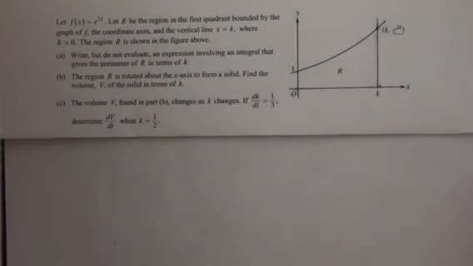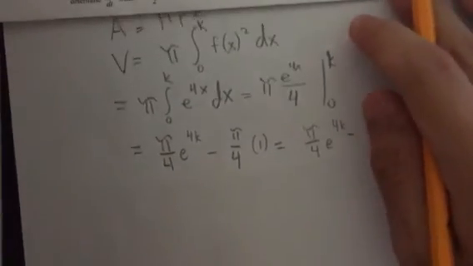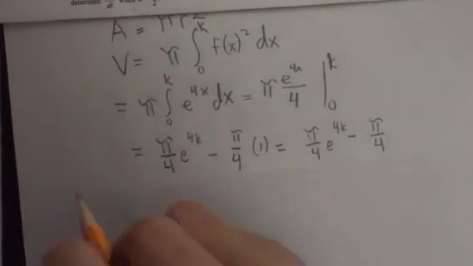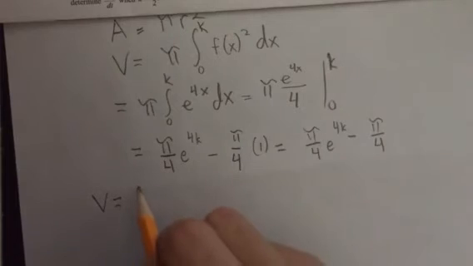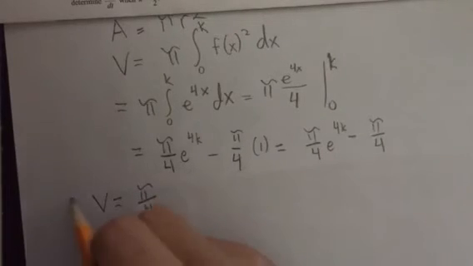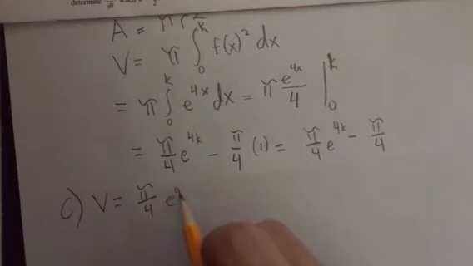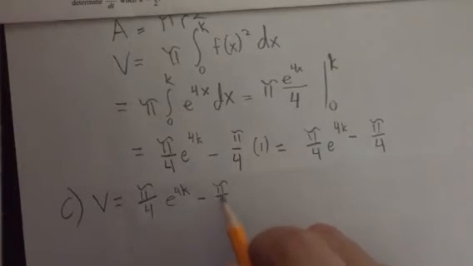Finally, part C asks: the volume found in part B changes as k changes. So if dk over dt is 1 over 3, determine dV over dt when k is 1/2. Well, we know volume from part B is pi over 4 e to the 4k minus pi over 4.